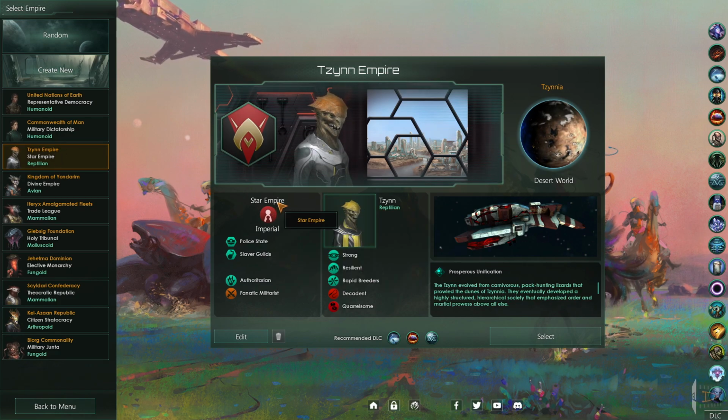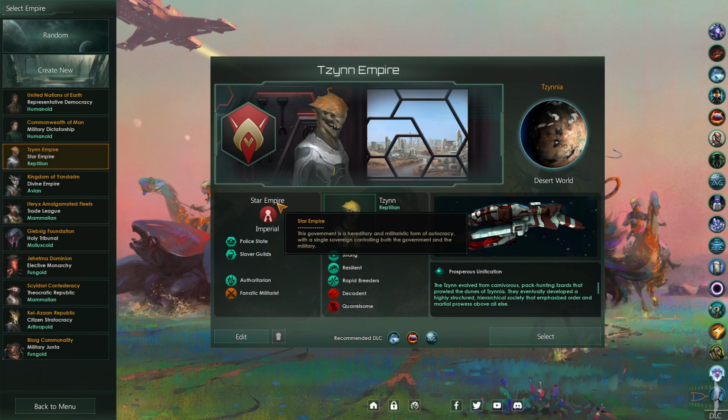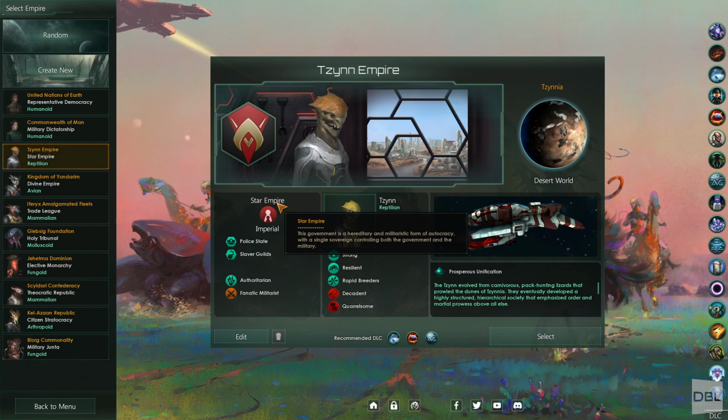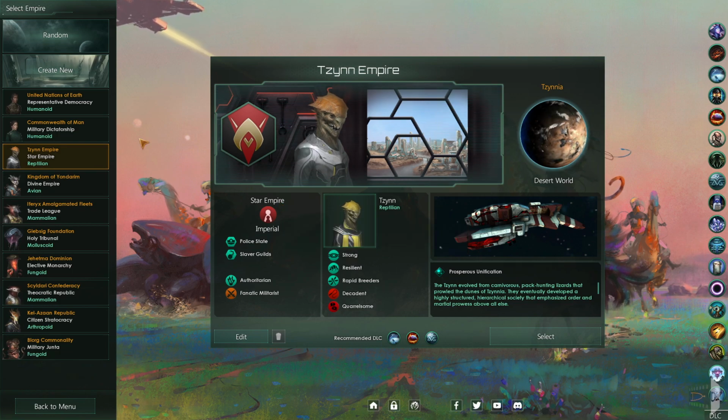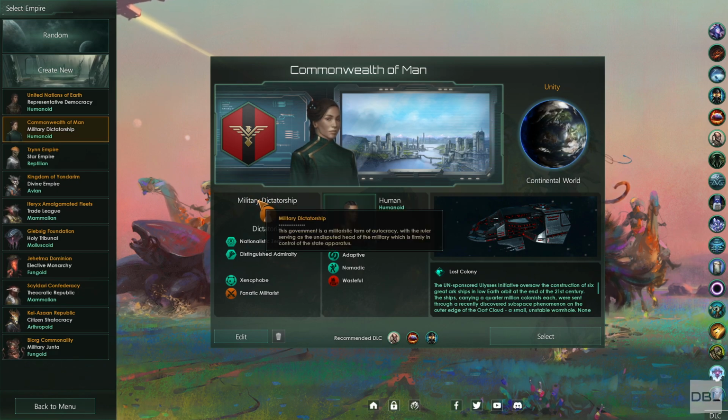Star Empire. This government is a hereditary and militaristic form of autocracy with a single sovereign controlling both the government and the military. Okay, how is that different? Militaristic autocracy with the ruler serving as the undisputed head of the military, which is firmly controlled.